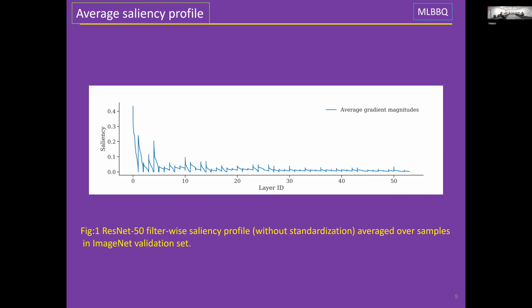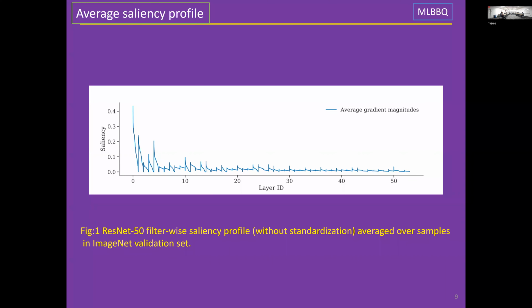For each layer there might be a number of filters, say 50 or 60 filters, and all of them have a saliency value for each filter. All of the saliency values are sorted in descending order for each layer, and they are shown in equal width space on the x-axis.